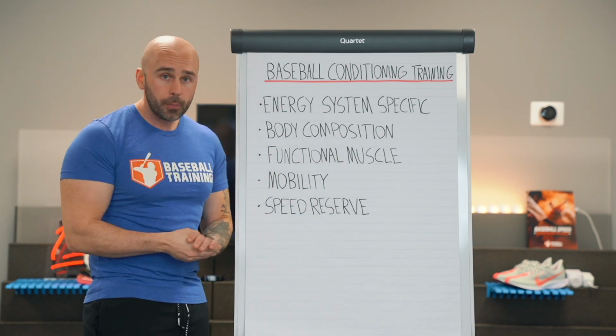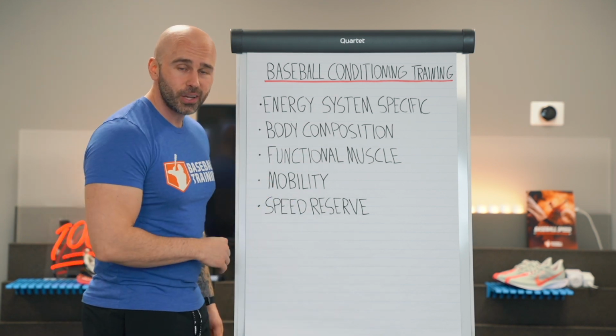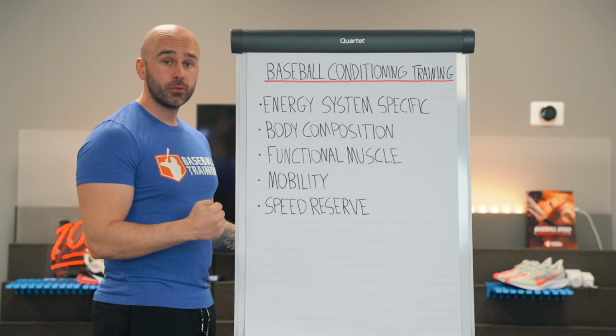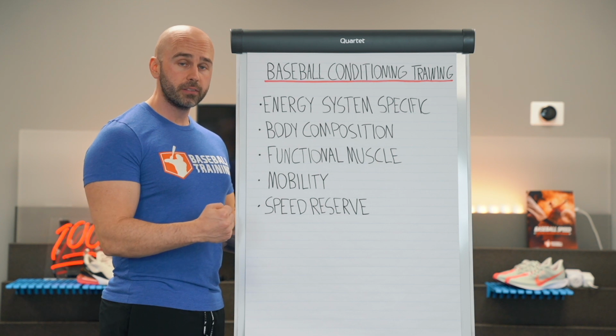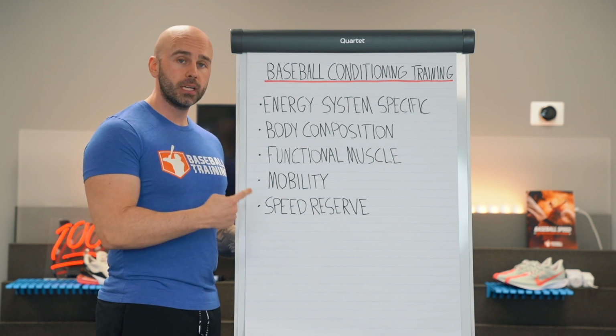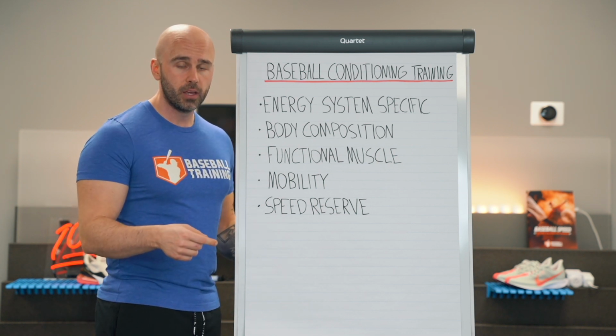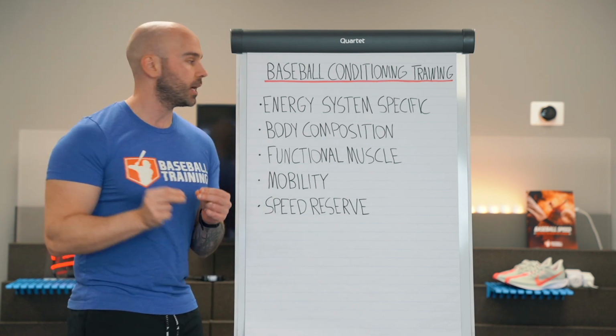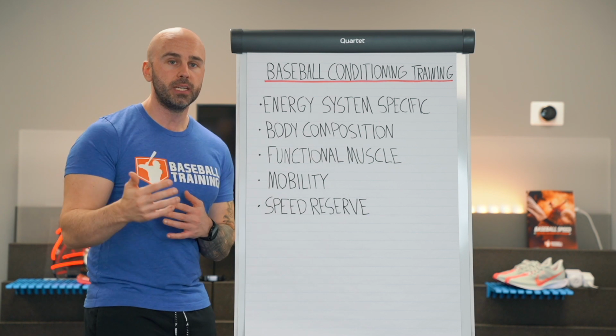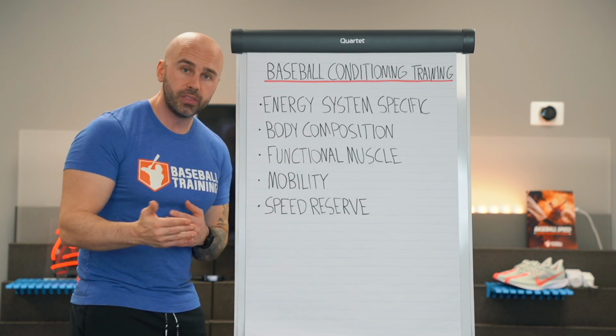But if I drop all of my conditioning and all of my cardio and all of that work, and I just start doing a bodybuilding program, well, now I have the muscle size, but I don't have the conditioning to support that muscle size. You could think about it like a big muscle, but without all of that important mitochondria that allows you to actually be heavily conditioned with that muscle.